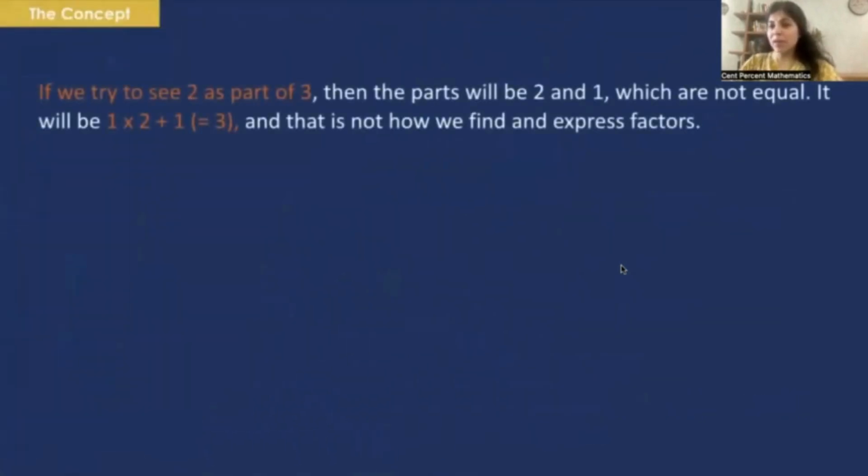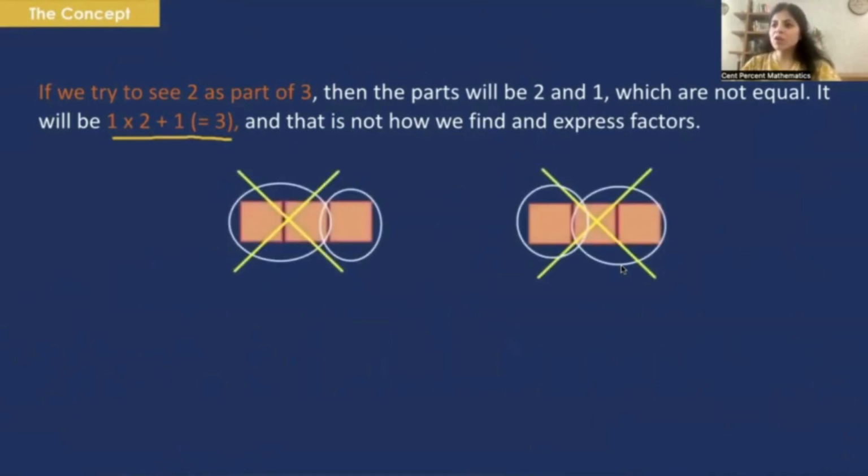Now, because I just told you that the word equal is important, let's try to see 2 as a part of 3. How do you write down 3 then? How do you visualize 3? If I take 2 as a part of 3, that's 1 times 2 plus 1, that will give you 3. So what I am doing here is trying to factor 3 as 2 and 1, or 1 and 2. Are these equal? They're not.